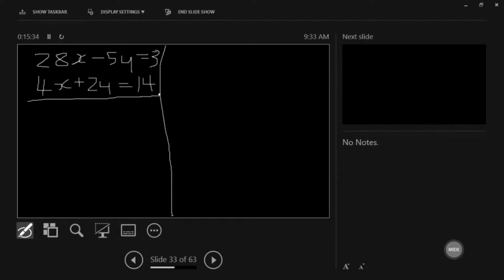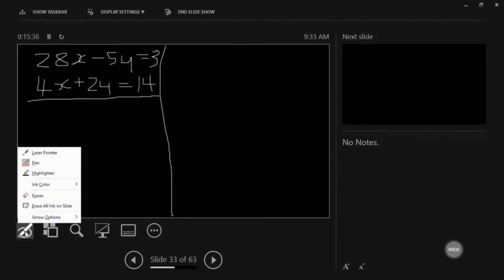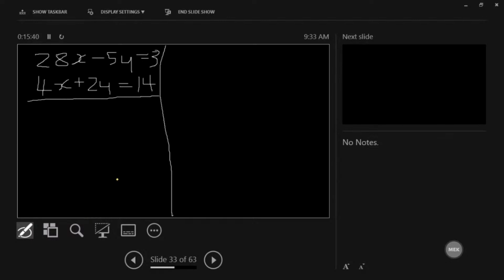So the first thing that we do is we rewrite the equations in matrix form. So now they're in the algebraic form. And if we had been given these two and asked to solve them using algebra, we could use the elimination method or the substitution method. So we're going to put them in matrix form.